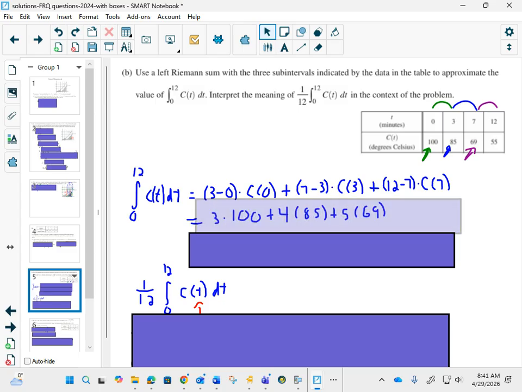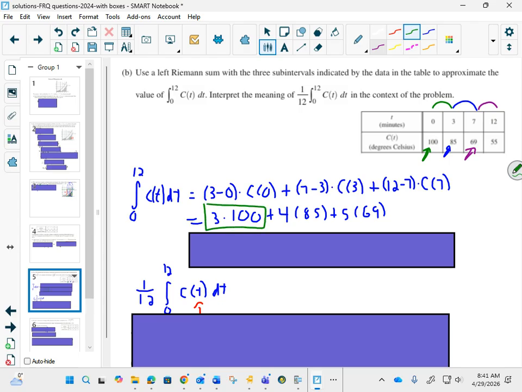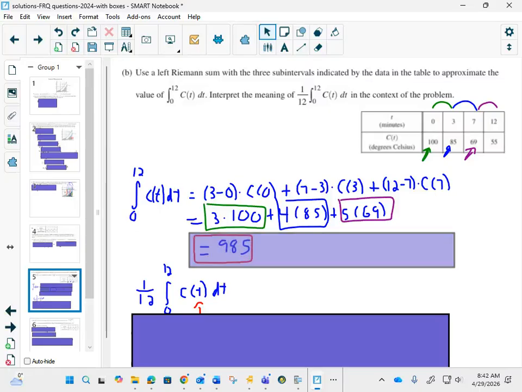If I color code our numbers here, this is the green one, this is the blue one, and that's the purple one. So we make 3 rectangles, and it's the left one, so the height will be the left values, and we get 985.